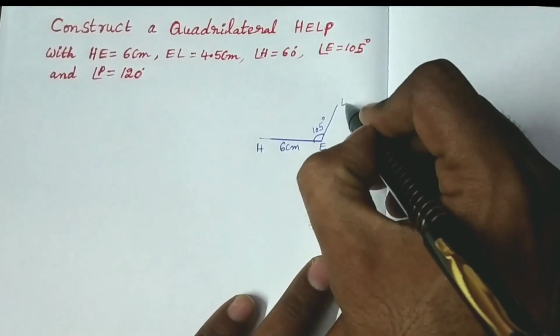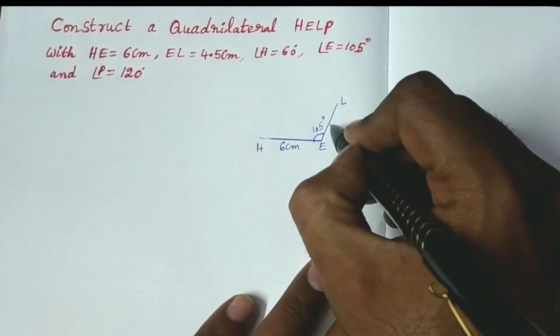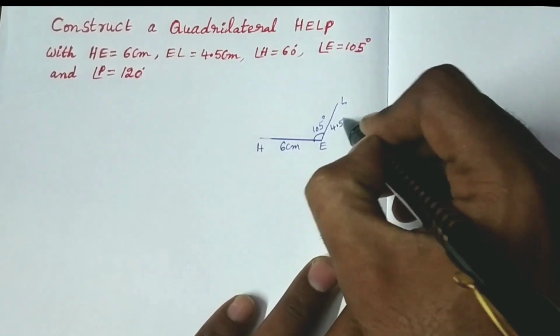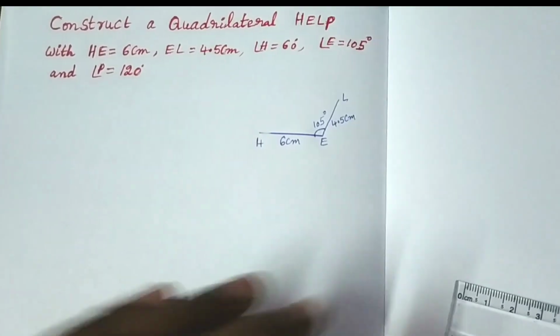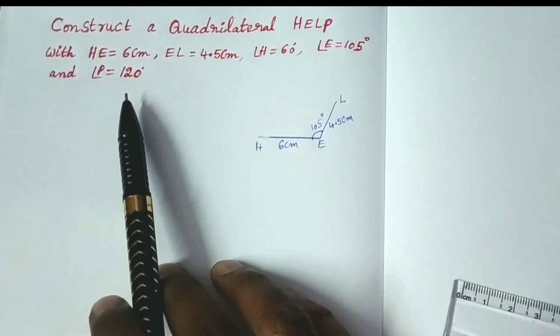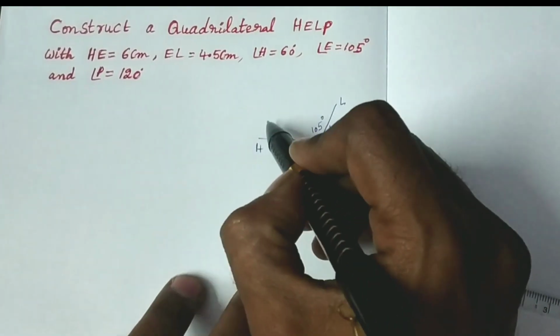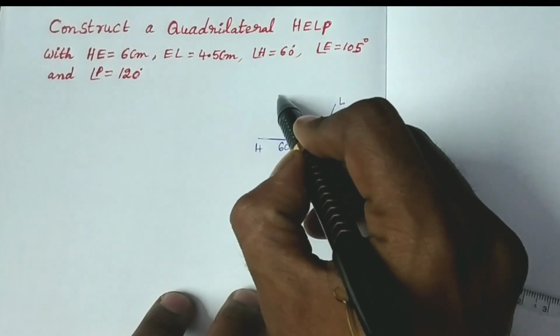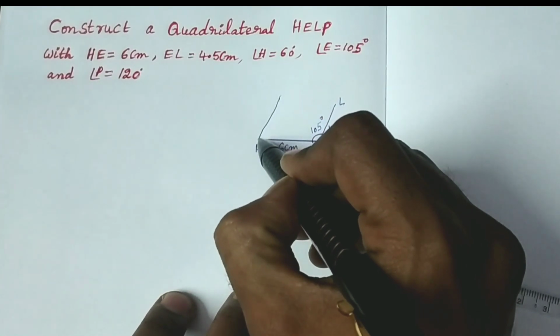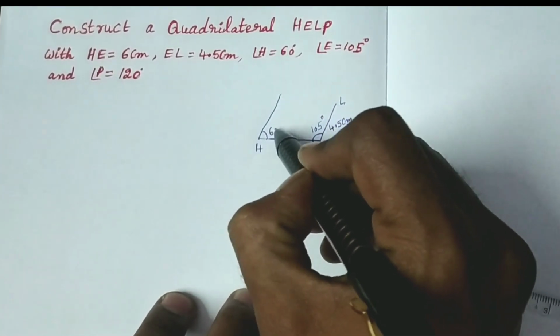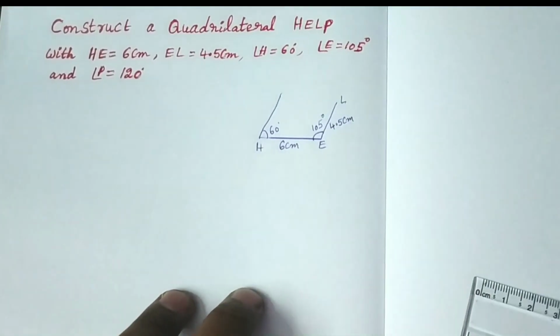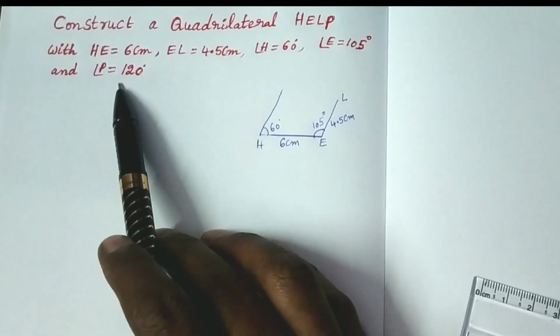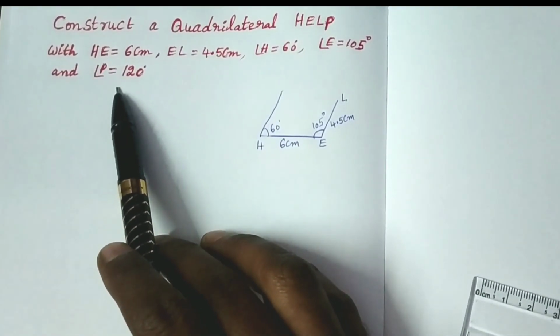EL is 4.5 centimeters and angle H is equals to 60 degrees. So draw a ray with 60 degrees. And angle P is equals to 120 degrees.